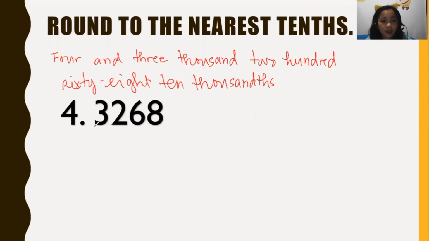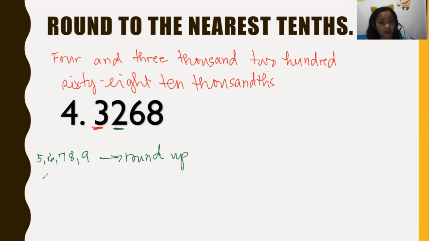So, syempre, ang tenths, that is the first digit after the decimal number, and that is 3. And now, look for the number to the right of 3. Alin ang nasa right ng 3? That is 2. So, again, ang basis natin, kapag 5, 6, 7, 8, 9 ang katabi, that is round up.